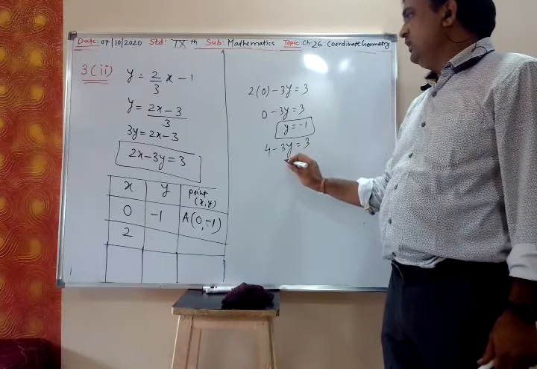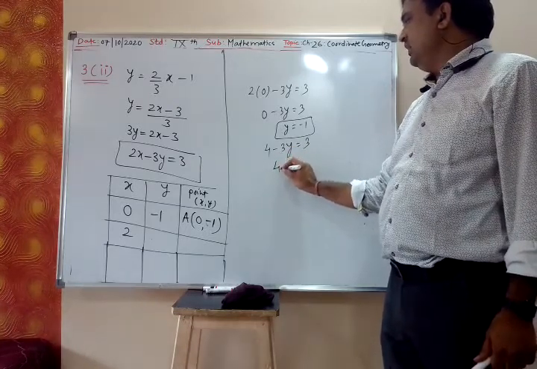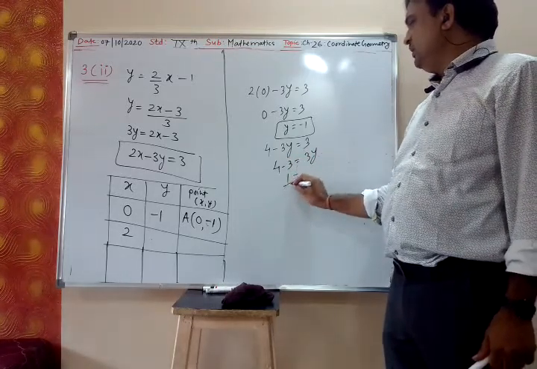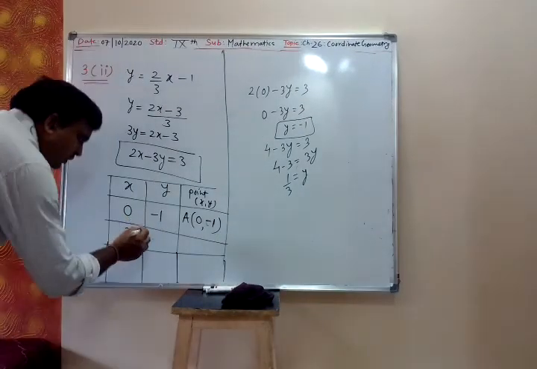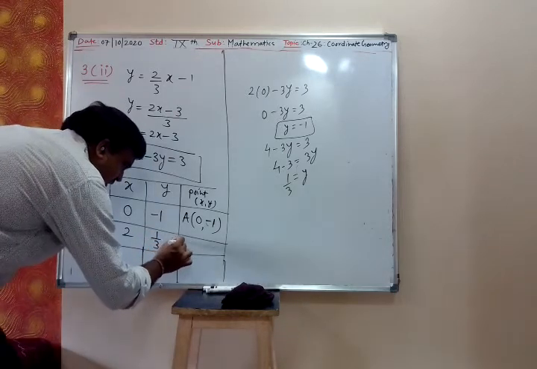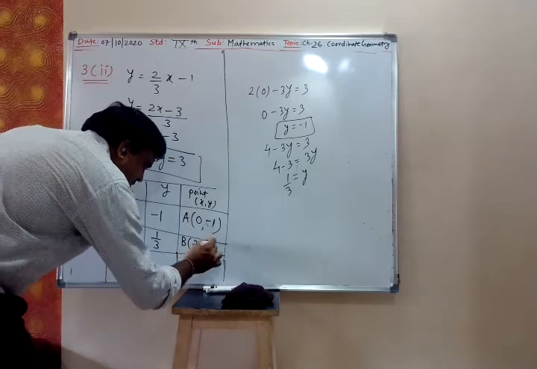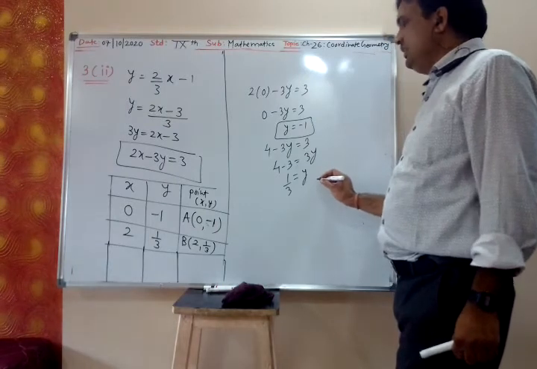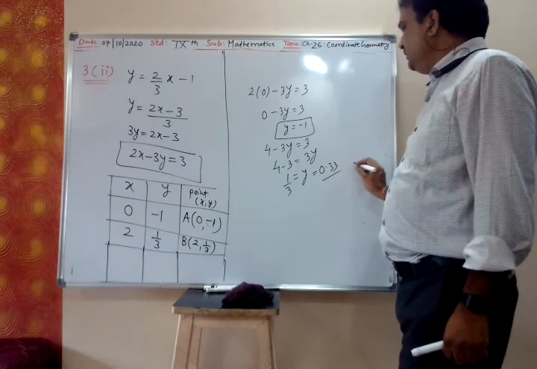So 4 minus 3 is equal to 3y. Are you getting it? So 1 upon 3 is equal to y. So you get the point B, 2 comma 1 by 3. 1 by 3 is the same as 0.33, so y is 0.33, correct.